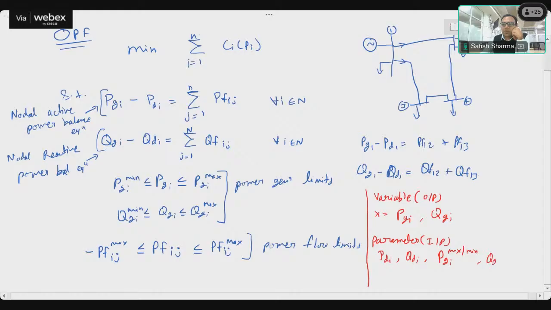The reactive power for all the generators, maximum and minimum limits, are basically defined by the unit, that what it can have. It can have this much maximum value and minimum value. So these are also my input parameters. Line flow limits, yes. So power flow of all the lines, maximum value is also parameter. Okay, and then anything else which is parameter here?